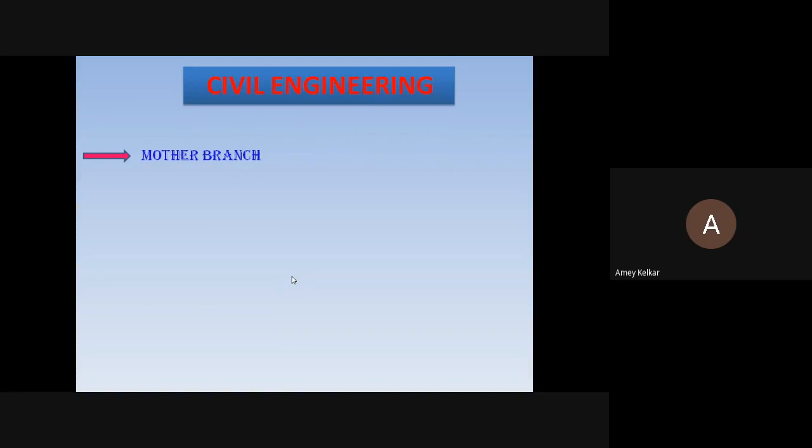Along with civil, we call mechanical and electrical the mother branches, and electronics, computer science and others are aided branches which are making our life more and more comfortable. They are making our work very easy, and those are in current trend because everyone wants easy work now.